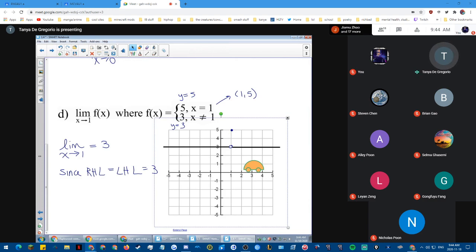No, the limit is 3. The limit of this function, when you follow the graph, it leads you to 3. That is the limit. It's the intended height. It doesn't matter if it actually equals 5. It doesn't matter. When you approach from both sides, it's bringing you to 3. Okay, so be very careful. So this limit exists, and it is 3. Okay?